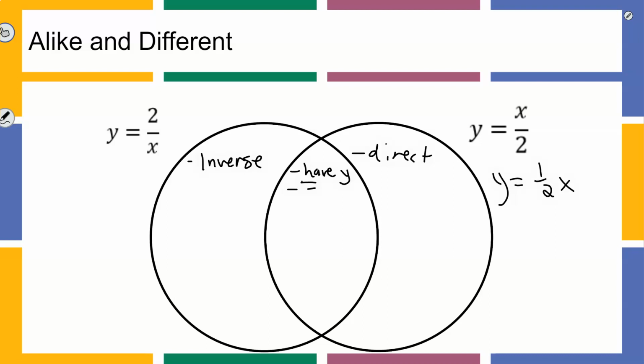What else? How else are these the same or similar? They both have a y, they both have an equals. What else do they both have? An x and a 2.